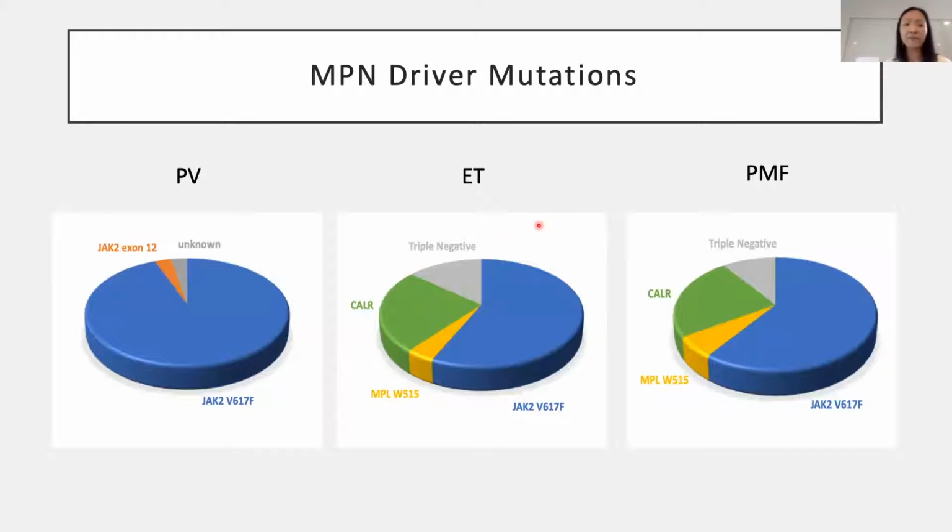ET and PMF are predominantly driven by JAK2 V617F, next followed by CALR mutation, and then MPL. And then in a subset, about 10% in both cases, there are no driver mutations in any of these genes seen, and these are considered triple negative.